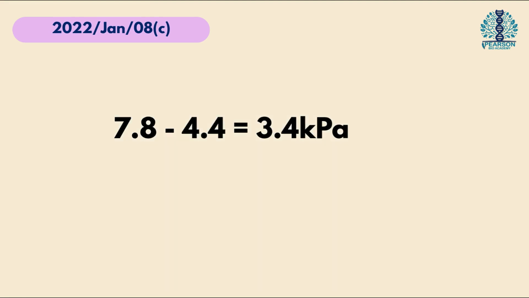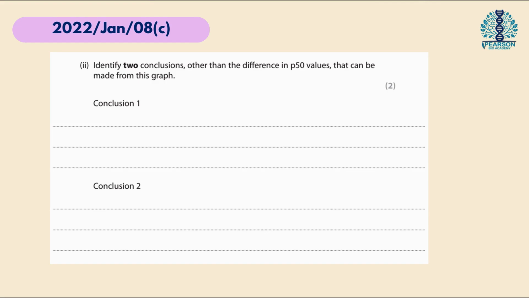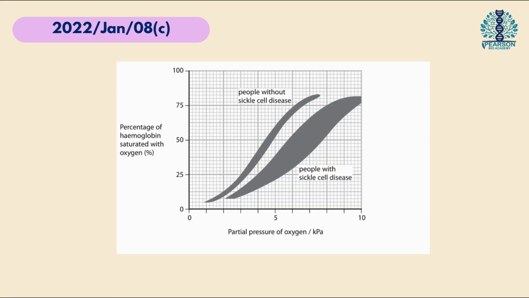Identify two conclusions other than the difference in P50 values that can be made from this graph. So, first conclusion, there is a wider range of values. It means there is greater variability in people with sickle cell disease. You can see the shaded area is much wider, meaning different individuals show more variation in oxygen saturation at the same partial pressure.